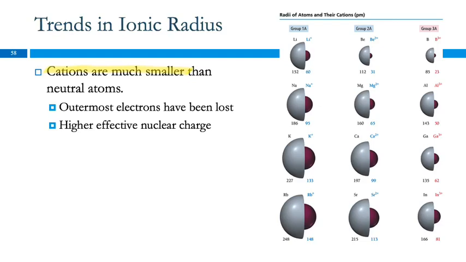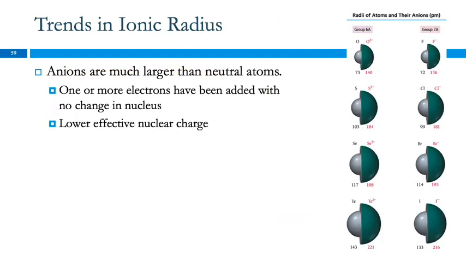So we've lost the outermost electrons, and now we have a higher effective nuclear charge because we've changed some of the core electrons into the new valence electrons, so much smaller. Anions are much larger. And again, the larger part makes sense. You're adding an electron to the outside, makes it bigger. Not so intuitive is how much bigger it gets, and this is more difficult to explain.